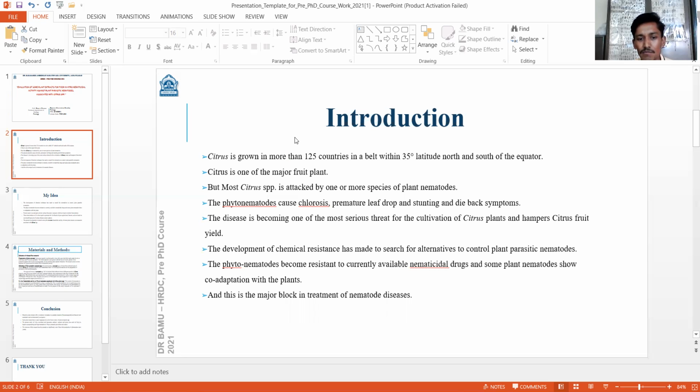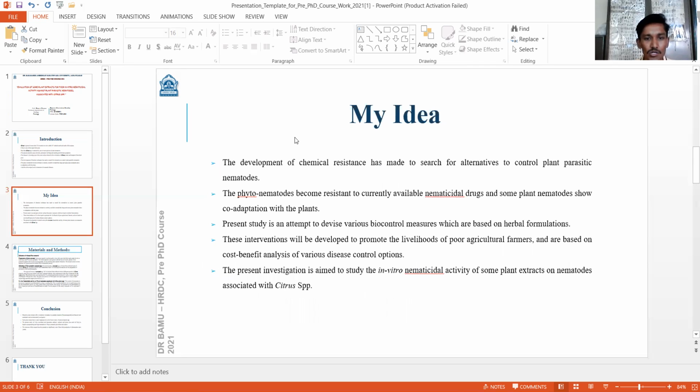This is the major block in the treatment of nematode diseases related to citrus species. So my idea for this topic is to search for alternatives to control plant parasitic nematodes, because these phytonematodes become resistant to nematicidal drugs and many treatments because of their co-adaptation with plants according to evolution.